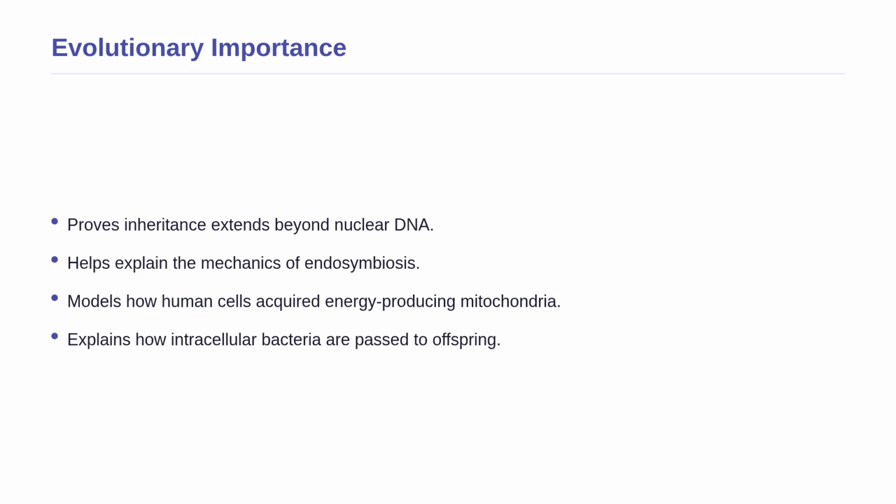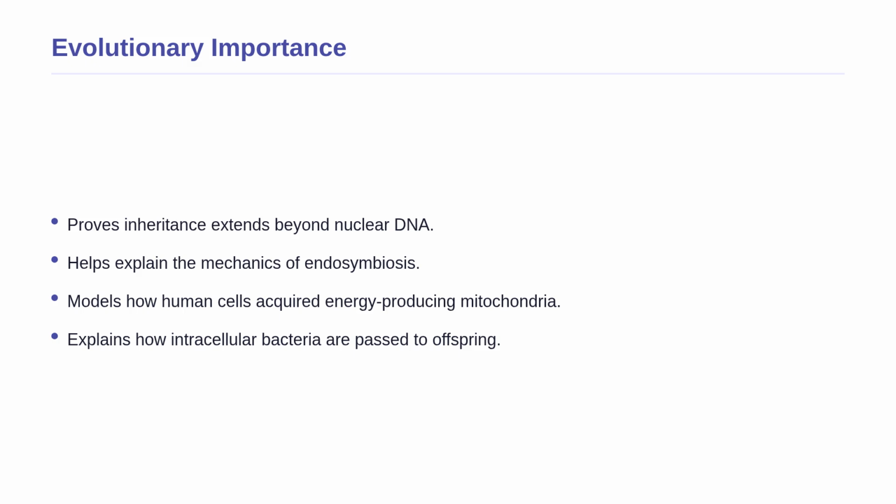You might wonder why we study a microscopic turf war in a genetics class. This concept is incredibly important because it proves that inheritance is not strictly limited to the DNA found inside the nucleus. It demonstrates a beautiful, complex interaction between a host's nuclear genetics and an environmentally acquired factor.